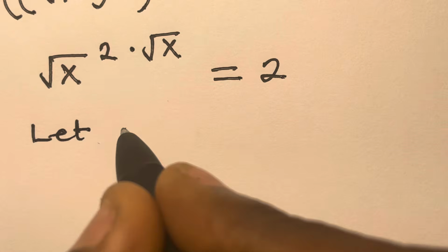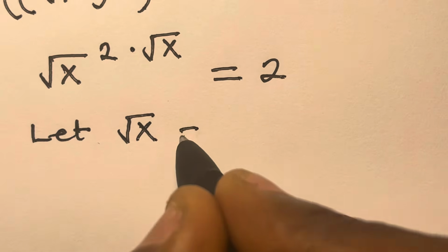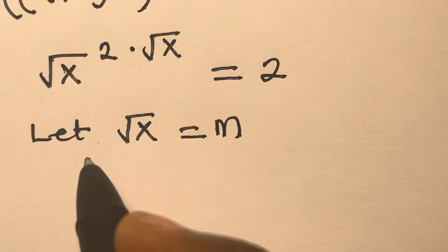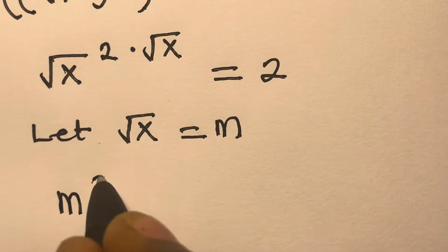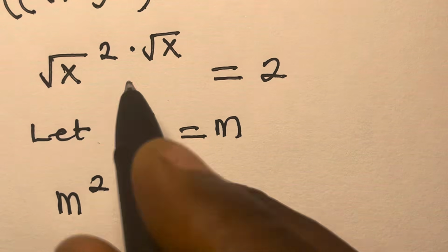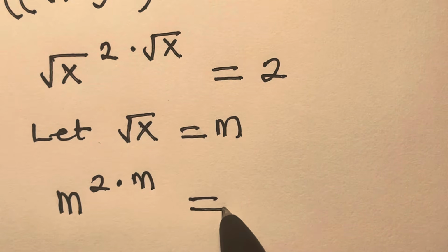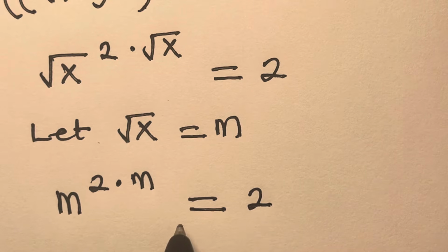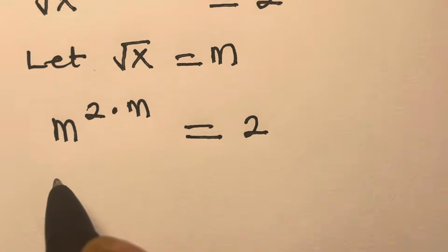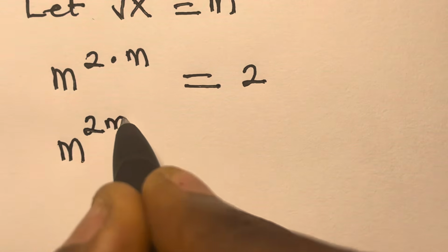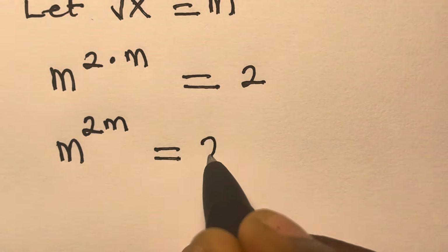Let the square root of x equal m, right? So we have m squared, multiplied by m, equals 2. So here we will have m, 2 times m, we have 2m equals 2.